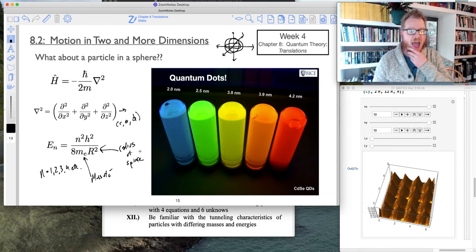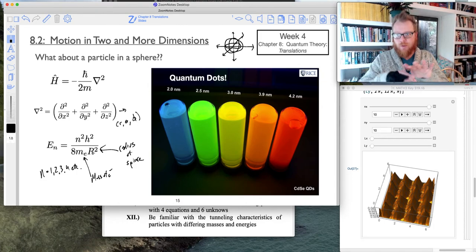What I want you to recall, what we established, is as the box gets bigger, and it doesn't matter at this point if it's a box or a sphere or a plane, it's the same physical implication. As our sphere gets bigger, the energy has to get smaller.